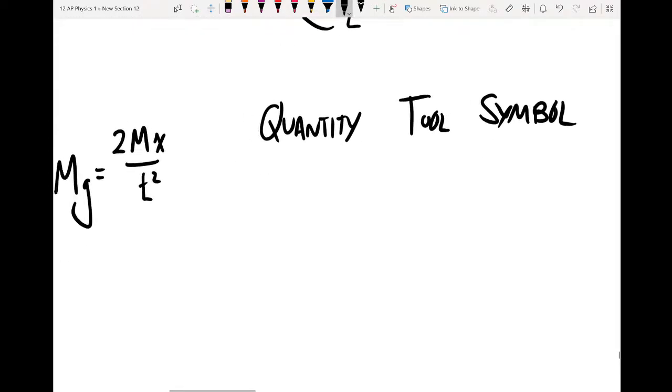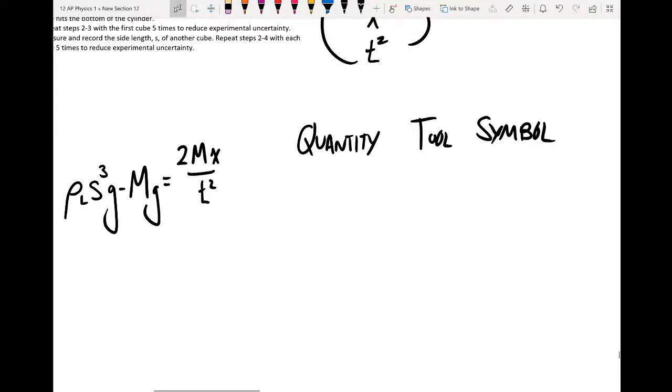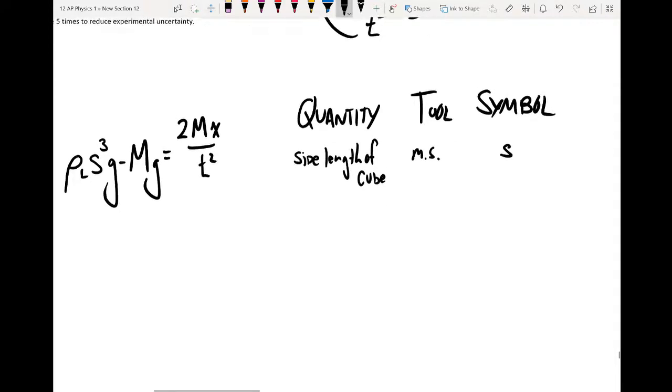In our case, we have S, X, and T. The quantity is going to be the side length of the cube. The tool is a meter stick. And the symbol, we call that S.